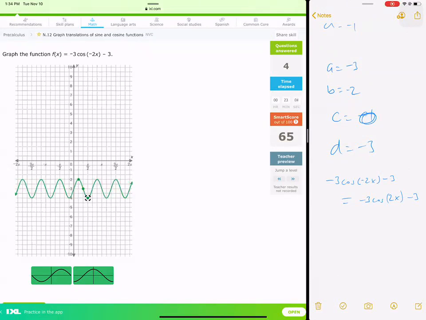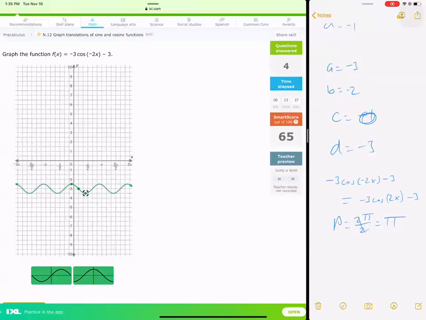Let's see, I need to squeeze them just enough so that they start and stop at pi, because P is equal to 2 pi over B, which is pi. Now, I'm going to have to move this a little skinnier and then move this graph around.